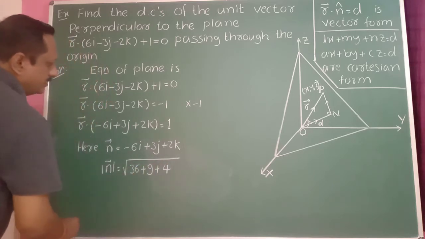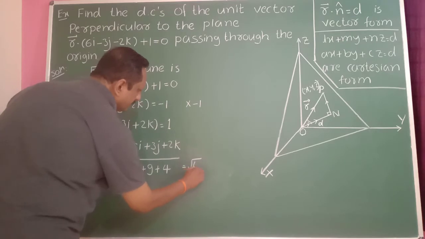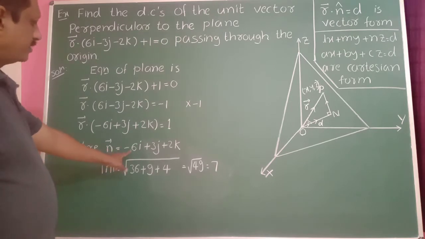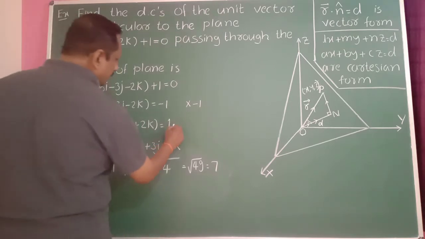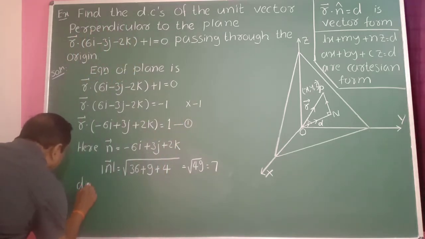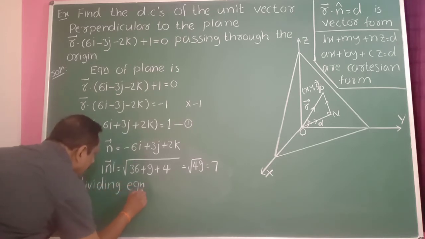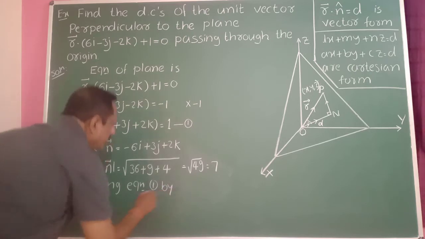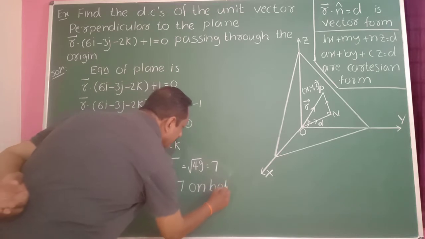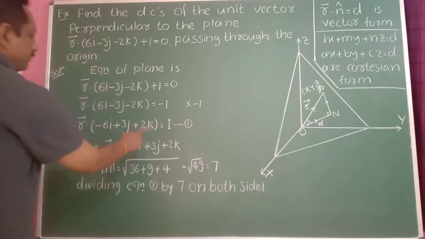Therefore this is equal to 49, and the square root of 49 is 7. Therefore, take this as equation number 1 and divide equation 1 by 7 on both sides.